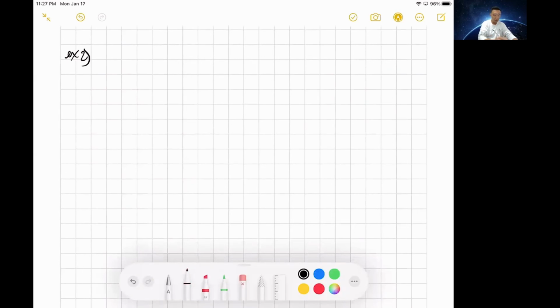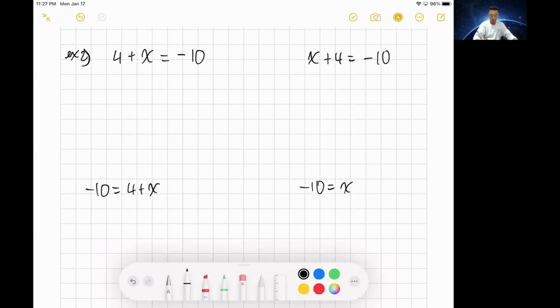Let's say you have something like 4 plus x equals negative 10, to make it easy. Let's go with x plus 4 equals negative 10. Negative 10 equals 4 plus x. Negative 10 equals x plus 4. Go ahead and pause the video and see if you can solve this on your own.